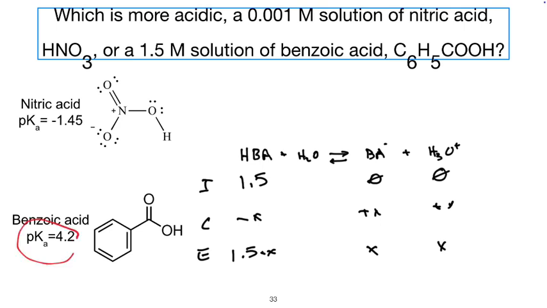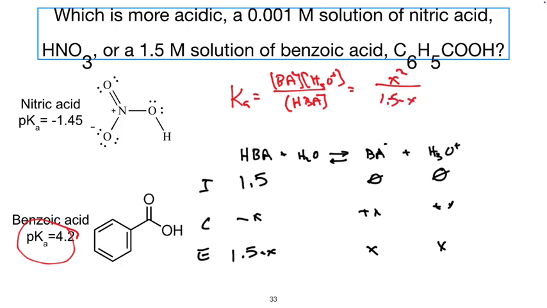Okay. Personally, I don't like seeing things as a pKa. But my Ka is going to be my BA times my H plus. I wrote it as H plus, didn't I? Oh, cool. I did do a good job of writing it. I'm going to get x squared over 1.5 minus x.